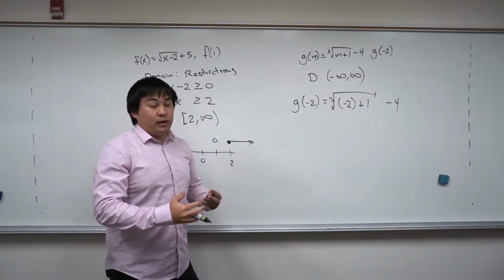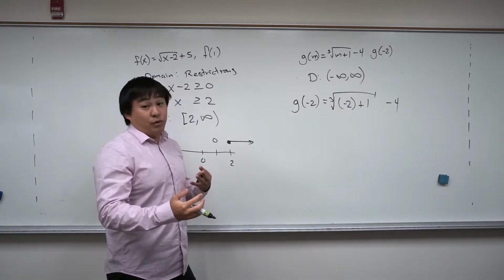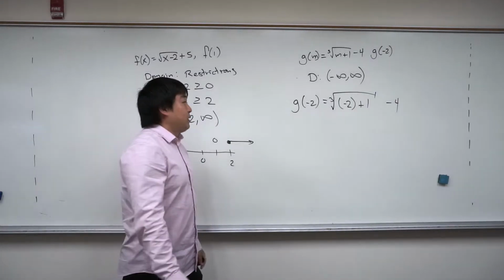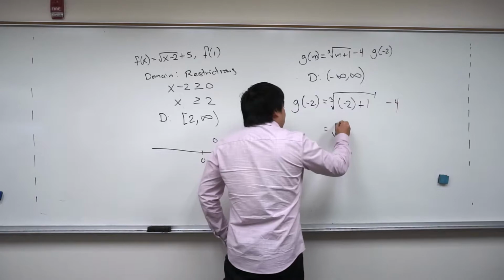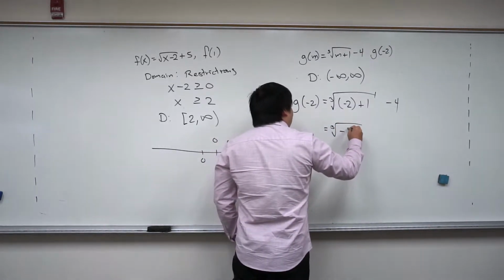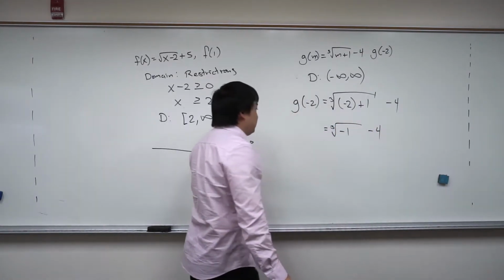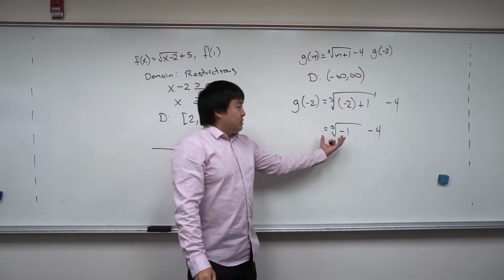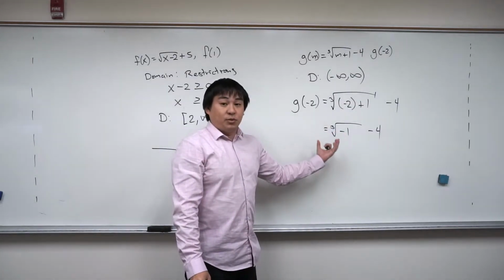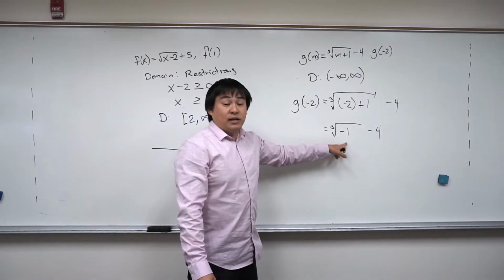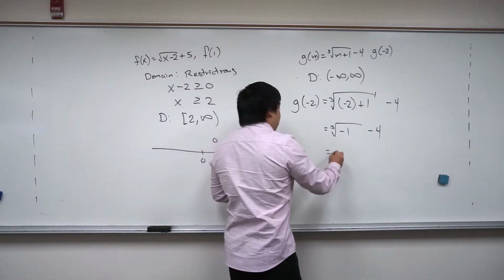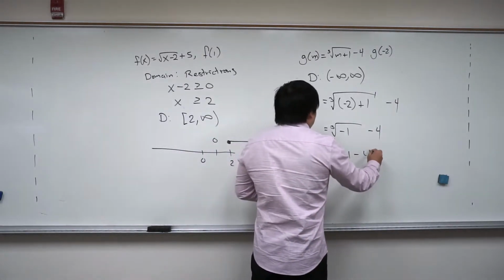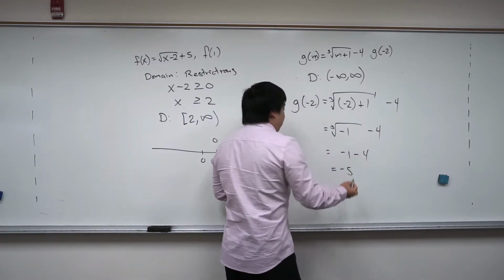So you can separate, for example, the minus 4 there, and you know that it's on the outside. So simplify this. The third root of minus 1, minus 4. And this one is asking you, remember, what times itself 3 times is going to equal the negative 1. And that's going to be negative 1. So the answer in total is going to be minus 5.